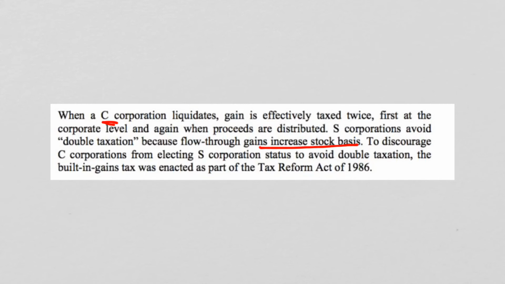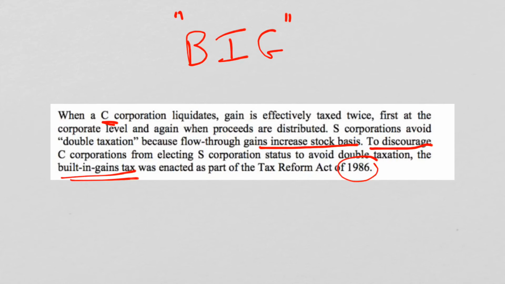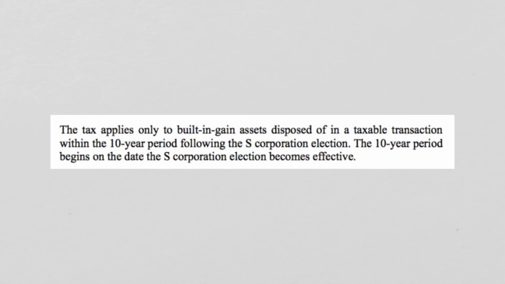Main thing is to discuss the big tax, the built-in gain tax, to discourage C corporations from electing S corporations. To avoid it, the built-in gains tax was made in 1986. Tax only applies to built-in gain assets disposed of in a taxable transaction, meaning sold or liquidated. Sold or S corporation liquidates.